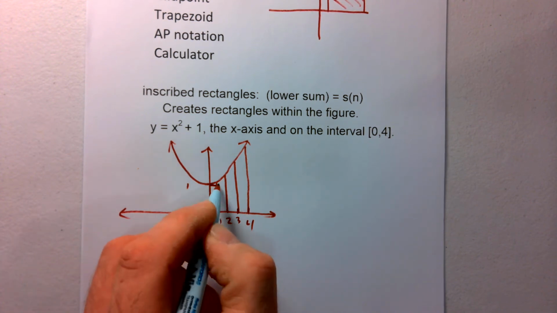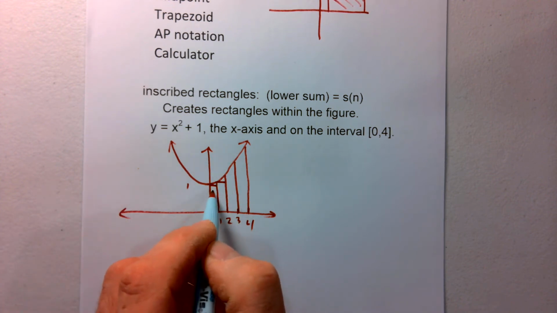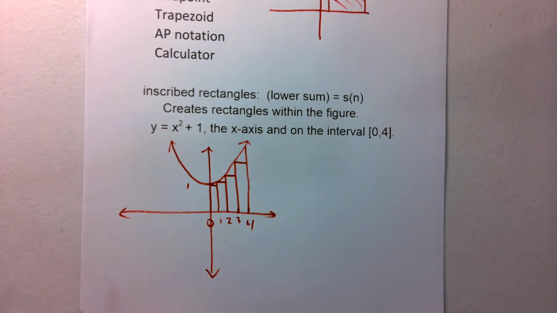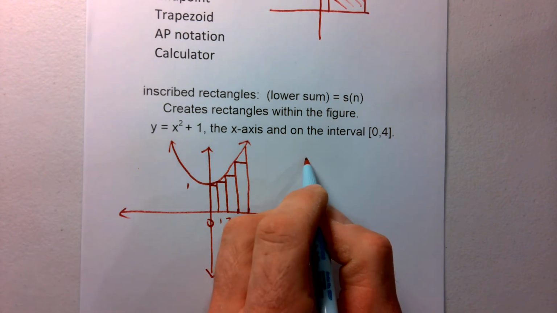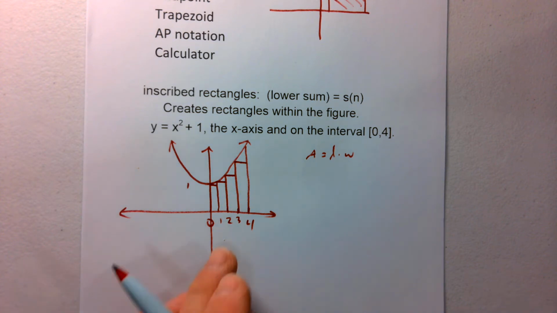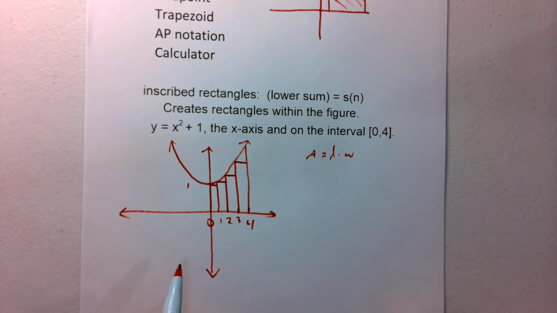Then we're going to go to 1 and 2, and create a region there as well. Notice I'm creating rectangles on the inside of this figure. I choose rectangles because I know the area of a rectangle is length times width. So what is the area of each of these regions going to look like?